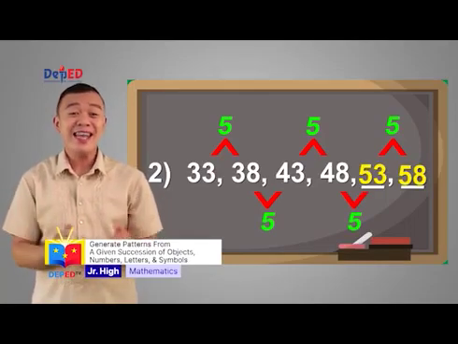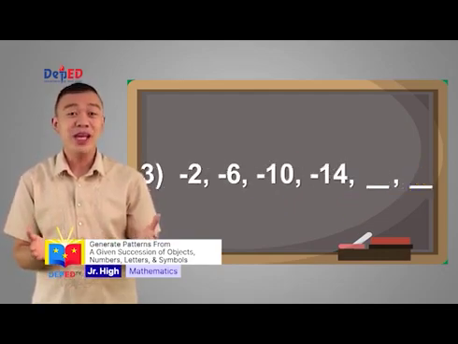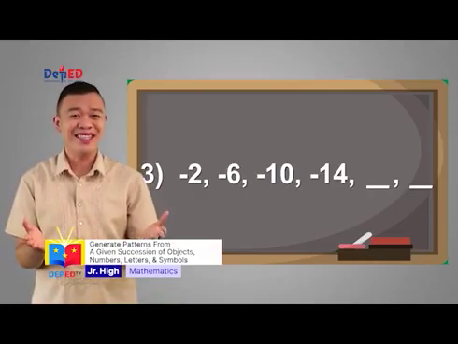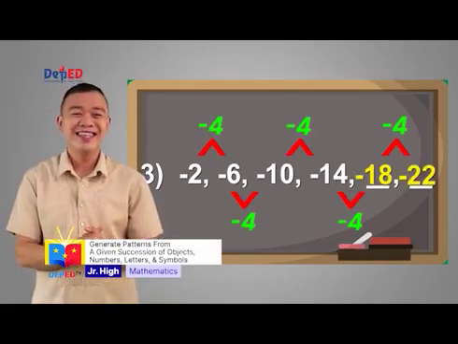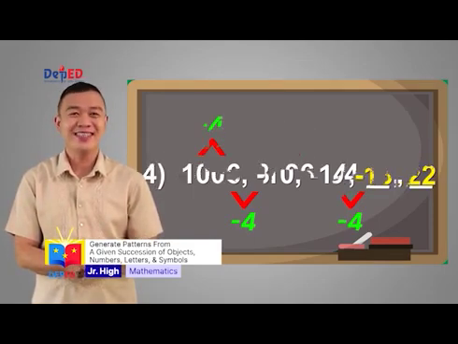Because 5 is added to the preceding term to get the next term. In item 3, negative 4 is added to the preceding term. Then, what are the next two terms? Yes, these are negative 18 and negative 22.